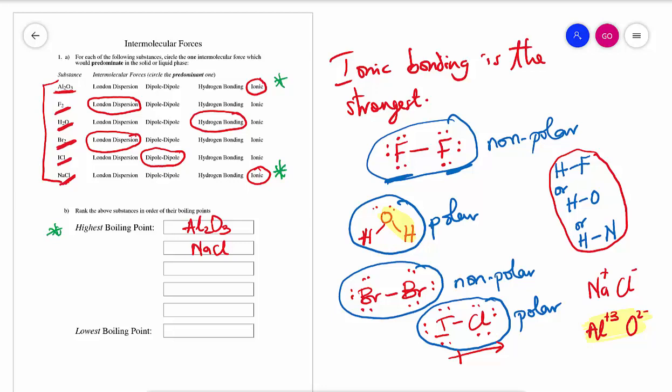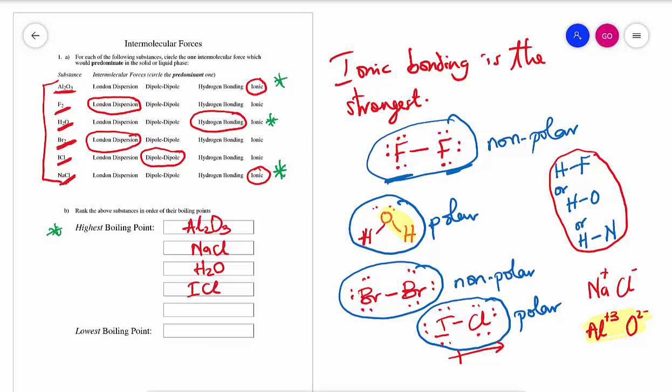So that means water will be the next in the rank of boiling points, H2O. After that comes dipole-dipole. Hydrogen bonding is stronger than dipole-dipole, and we only have one compound with dipole-dipole, that is ICl. And after that would be the dispersion forces.